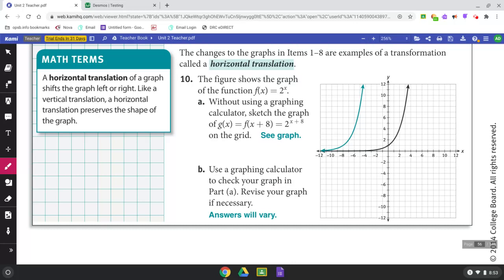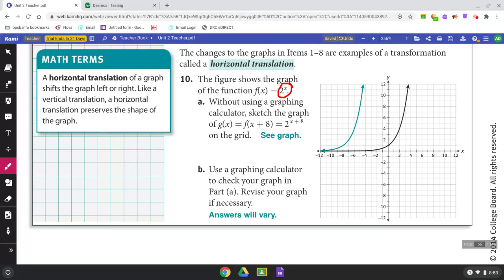Okay. Without using a graphing calculator, sketch the graph of f of x plus 8 equals 2 to the x plus 8. You can use a graphing calculator here, okay? Just type it in Desmos and then copy over the graph yourself. But if you wanted to try to do this on your own without a graphing calculator, remember our parent function is 2 to the x.